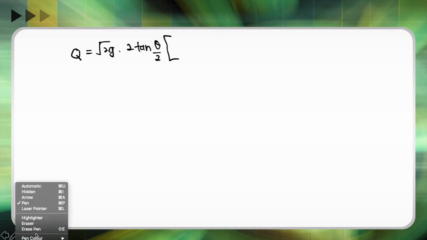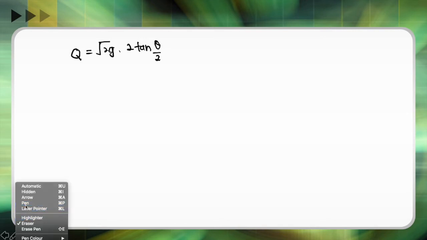So Q is equal to square root of 2g times 2 tan theta over 2. Before integration, I have to expand that equation first.